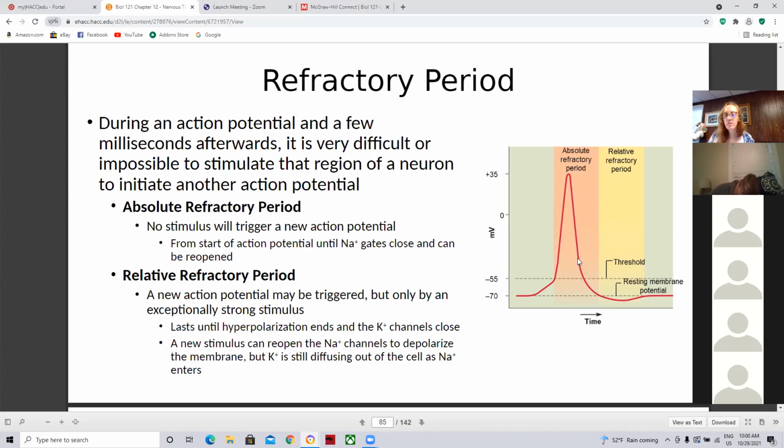During the relative refractory period, a new action potential may be triggered, but only by an exceptionally strong stimulus. Because remember, this is the hyperpolarization time, where the membrane is even more negative than it would be normally. So it's a lot harder to reach threshold.